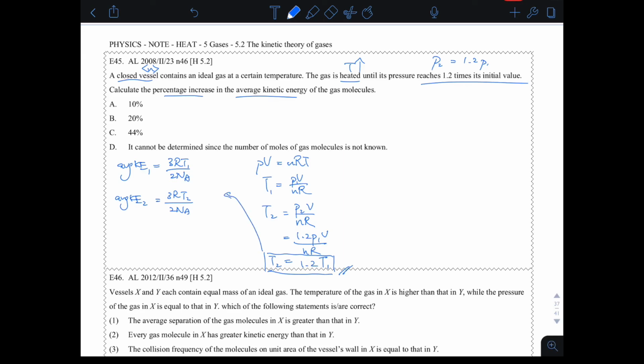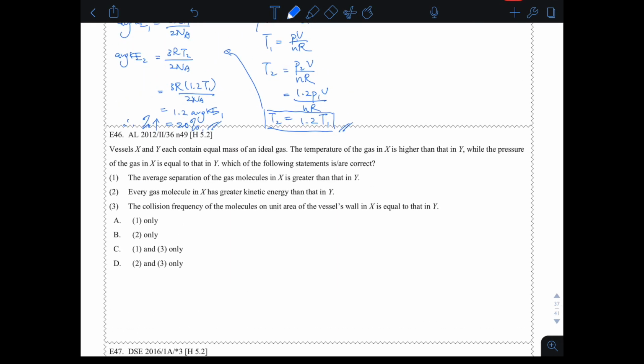So we put it back here for our calculation. That is why the average KE2 will be 3R, and T2 is 1.2 T1. That means this is 1.2 times the average KE1. Alright, so by our simple math, the percentage increase is 20%. New minus old over old times 100%, then we got 20% here.